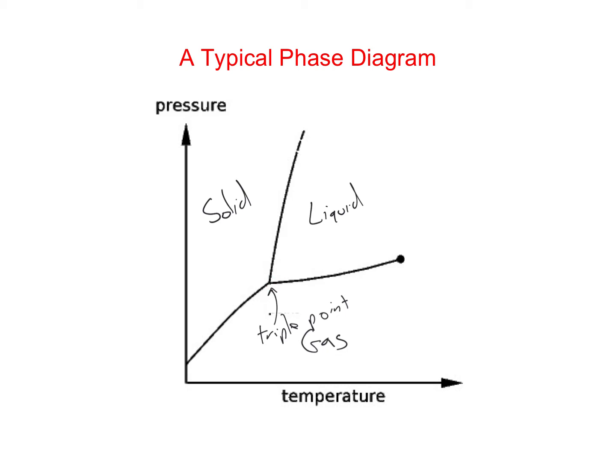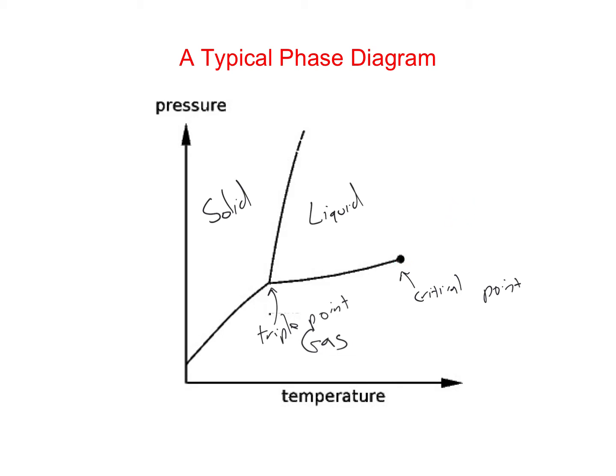And then the gas-liquid boundary actually stops at this point. This is called the critical point. And what's interesting about the critical point is once we exceed this temperature and pressure, in this region we have what's called a supercritical fluid.